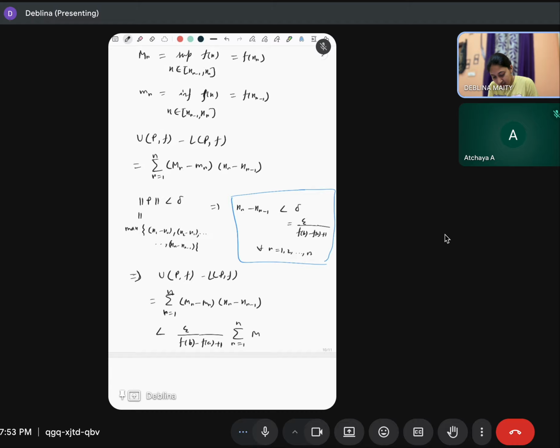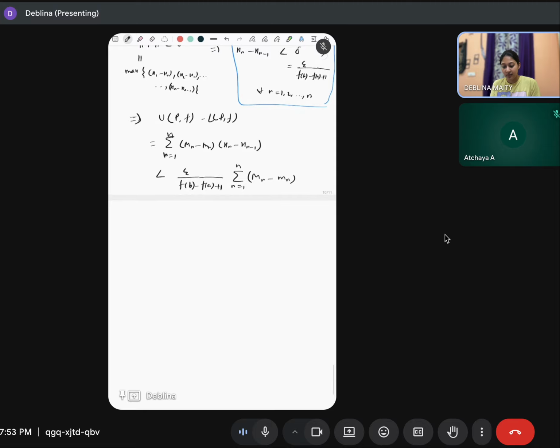And the left is Mr minus mr. What is this value? Capital Mr is f(xr) and small mr is f(x(r-1)).